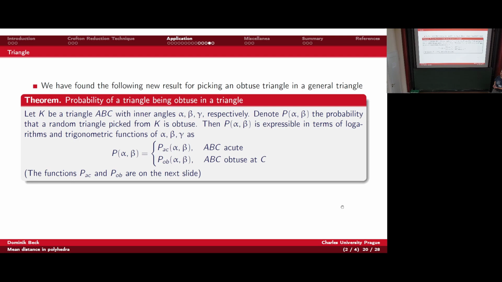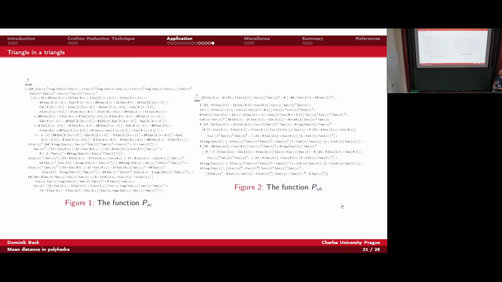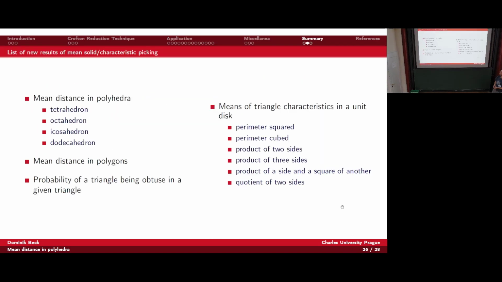And for a triangle, you can do this reduction technique and solve all of the resulting integrals, and you get something like this. It's very unlikely, but you can do it, where alpha, beta, and gamma are the interior angles of the triangle you are selecting the points from. I was also interested in other problems, but I don't have time for it, so thank you.